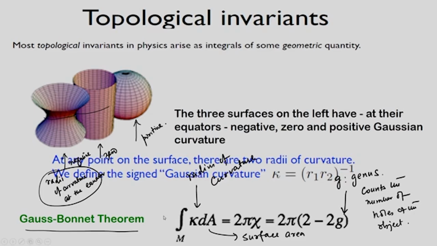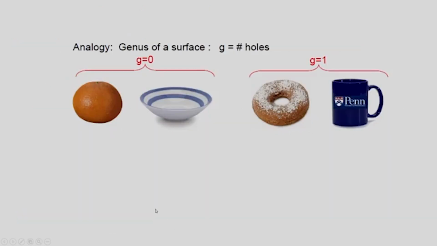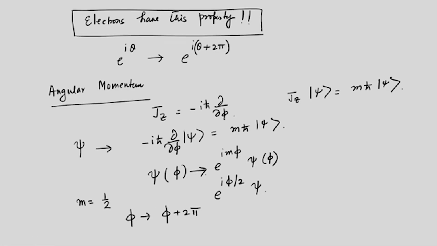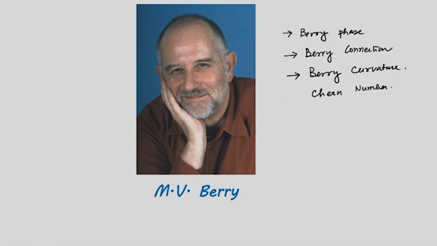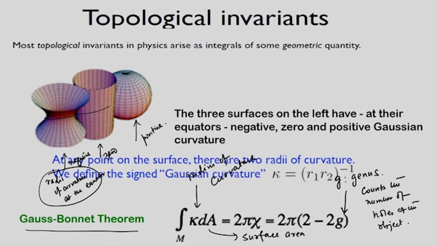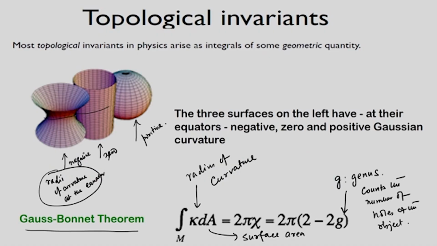So, this radius of curvature will behave similar to the Berry curvature. We will talk about that. And this Chern number, let us go back to that same expression and see this. This will act as a Chern number.